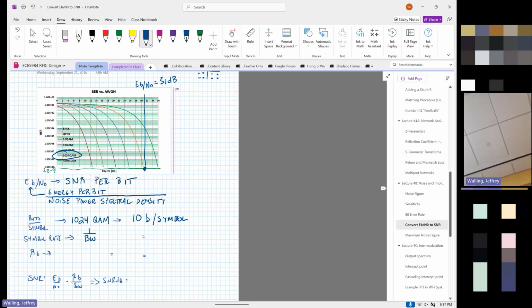Anybody know what their Wi-Fi 6 maximum bandwidth was? Not micro for sure. No, not quite that high. It's 160 megahertz. Almost everything in the Wi-Fi standard goes back to some multiple of 20 megahertz.